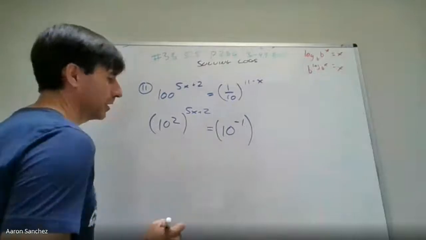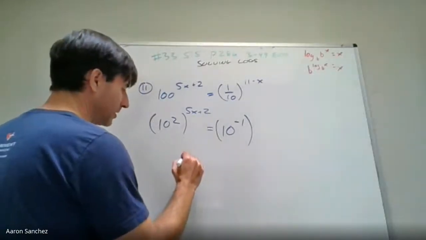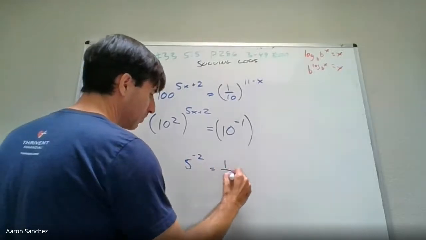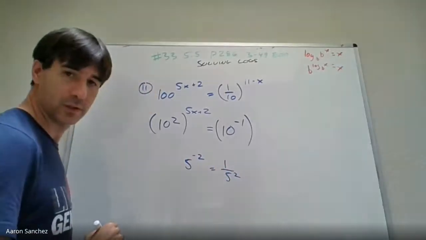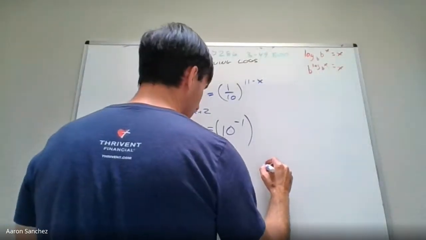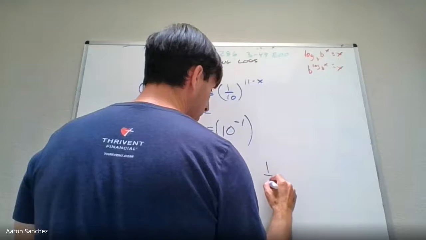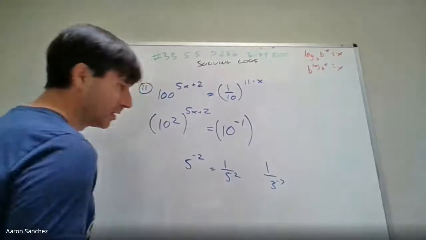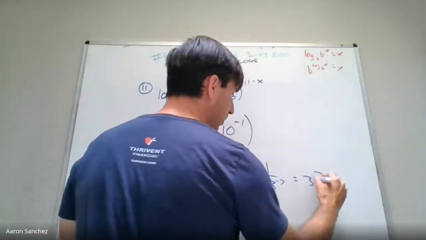Yes, remember, okay, so look, if I say 5 to the negative 2, that equals 1 over 5 to the positive 2, right? The negative exponent does the reciprocal. If I go 1 over 3 to the negative 7, that equals 3 to the positive 7.